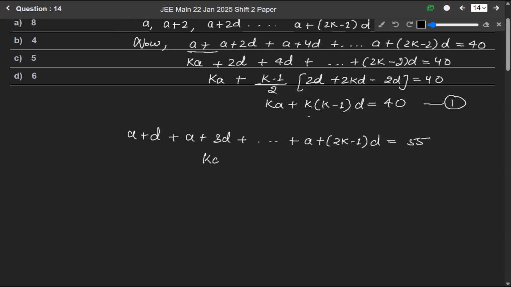So, it will be kA plus k by 2 D plus 2k minus D. It will be equals to 55. It will be 2kD minus D. Okay. So kA plus k square D, it will be equals to 55. Let us say this is equation number 2.